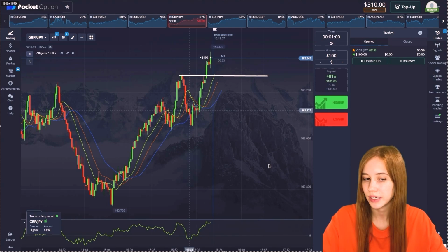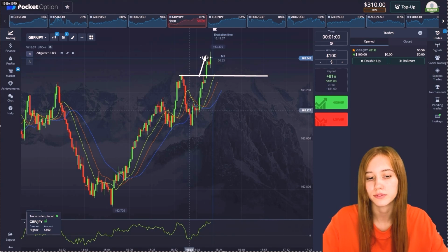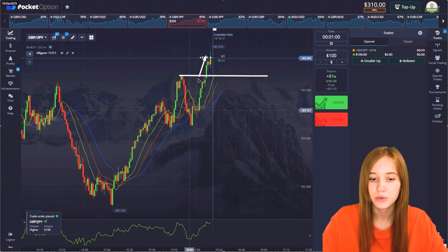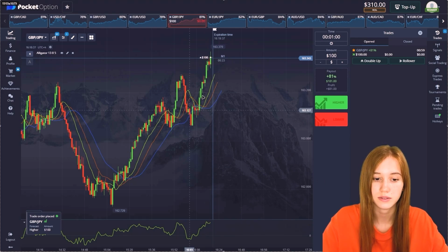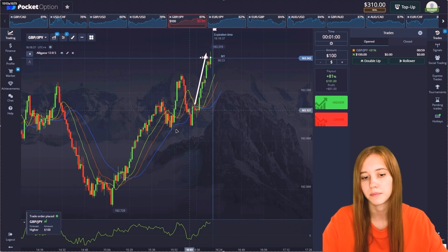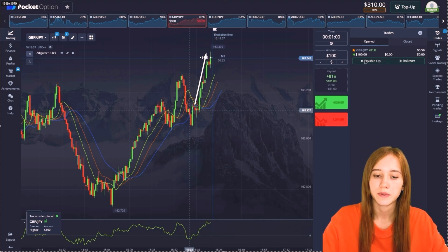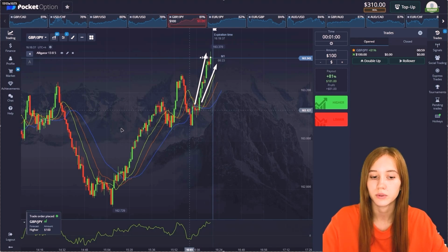If we highlight the resistance area, it was overcome confidently. This shows good growth. According to the general trend, there's an increase on the market. We trade with the trend, open up. We see a good upward trend in the indicator.